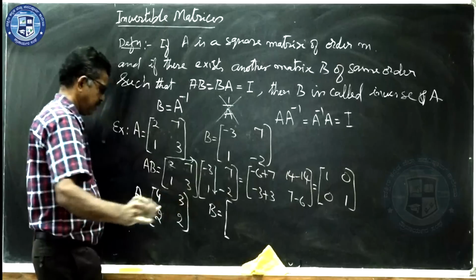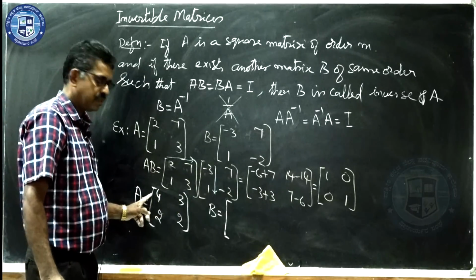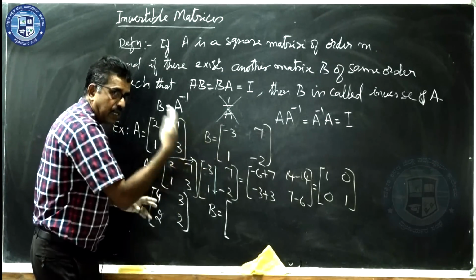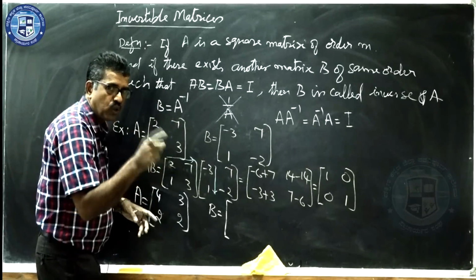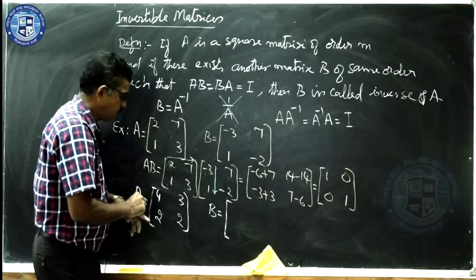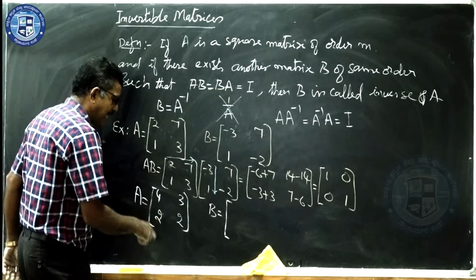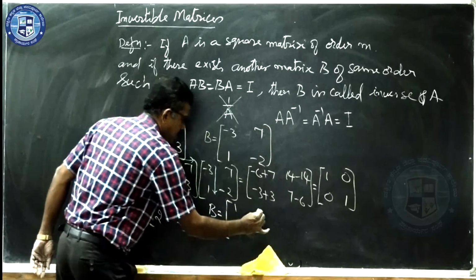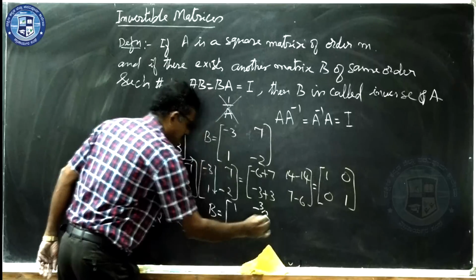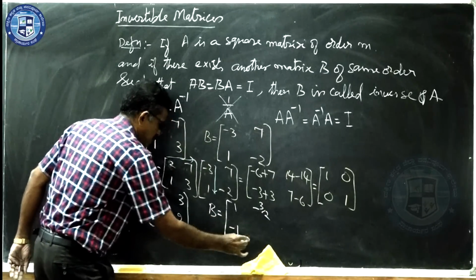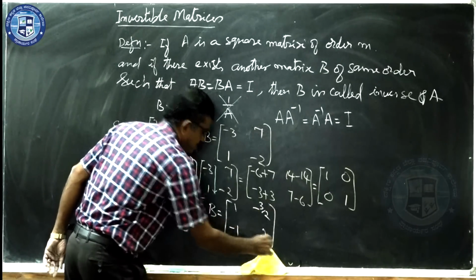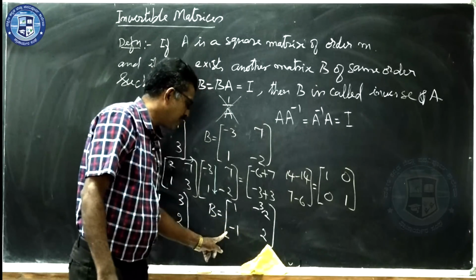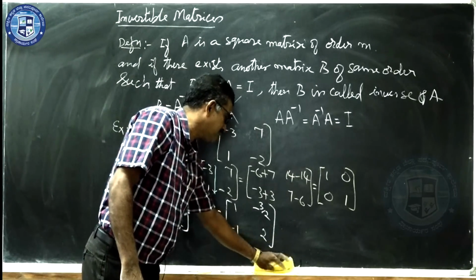You may connect like this and have something in mind, but you are wrong in that case. It is absolutely wrong. The answer for this question is 1, minus 3 by 2, minus 1, 2.